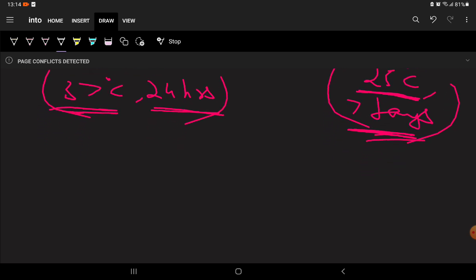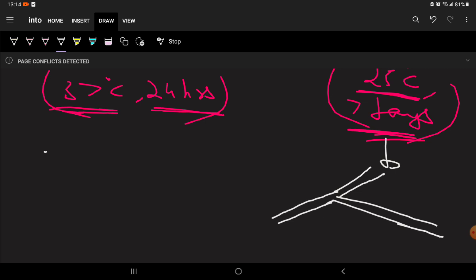Now, if we talk on mold, then mold looks somewhat like this. So this is hyphae, hypha, and its network.